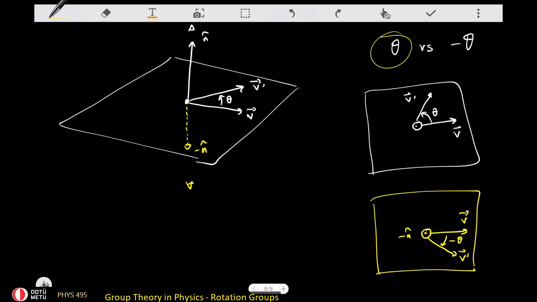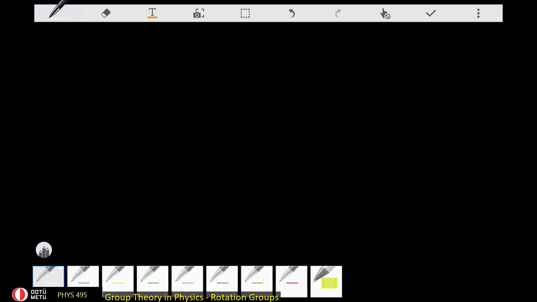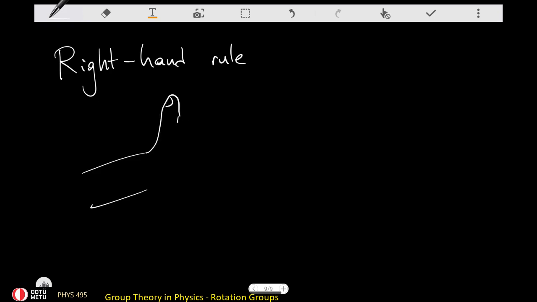But we should have a convention for how we choose the sign of the angle, right? And it appears that there is a nice convention, and that's the right-hand rule. I'm going to do it like this. Right-hand rule. So that's the picture of my right hand.